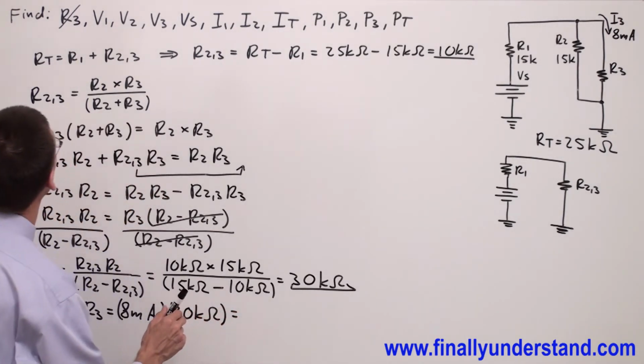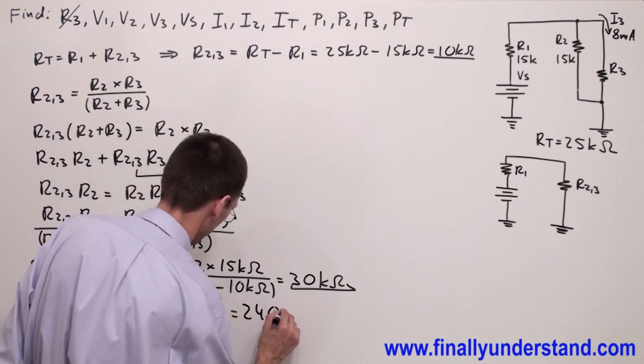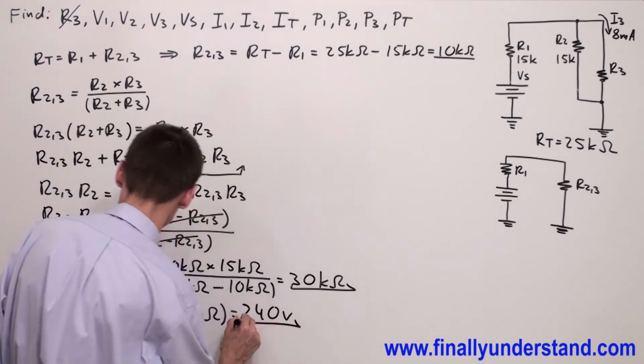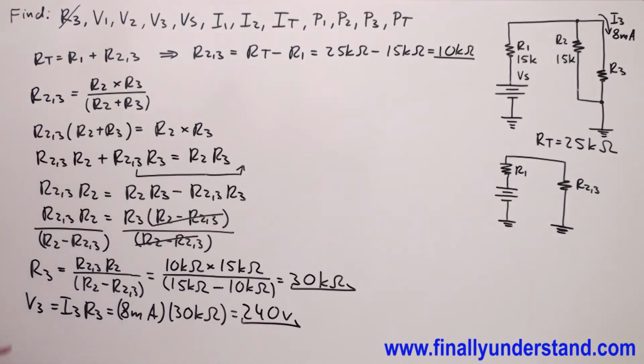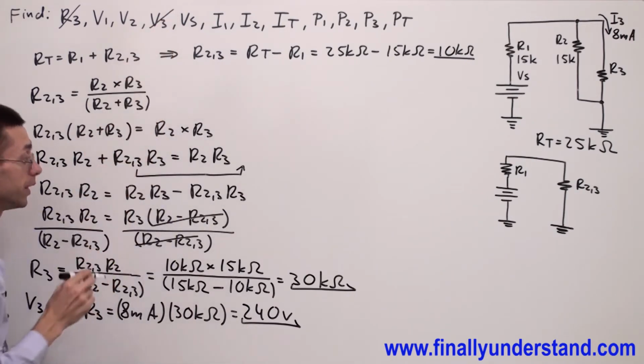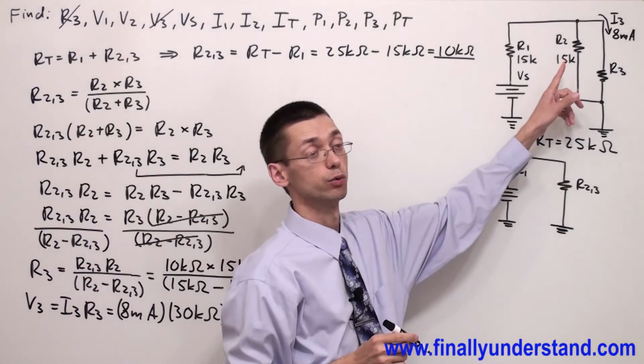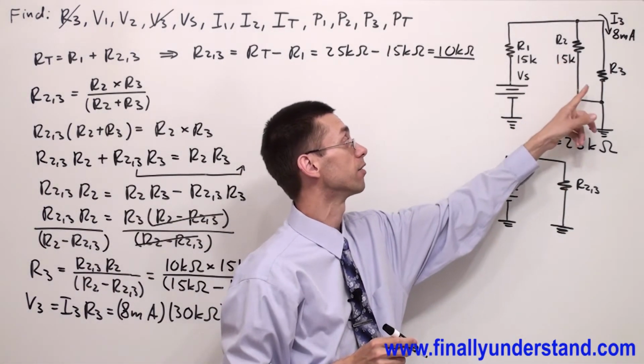Everything is equal 240 volts. Okay, so this is my voltage across resistor 3. Okay, I found this because I have current which goes through this resistor and I have resistance.